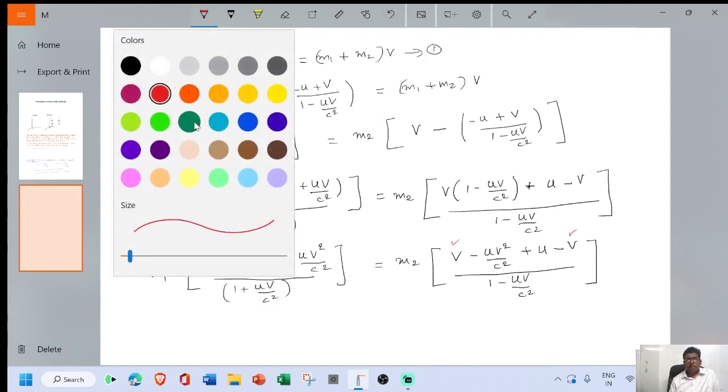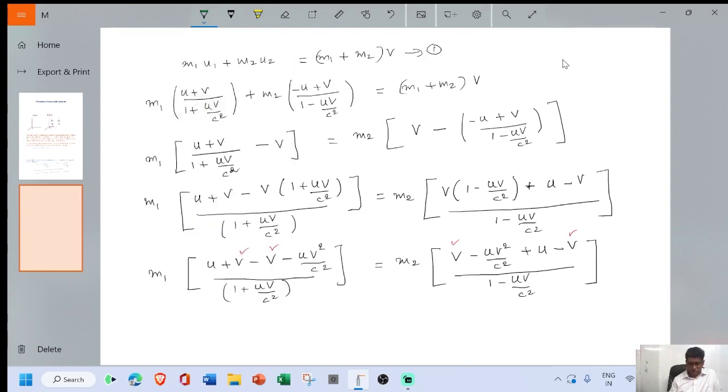Now we may modify this. m1 into u minus uv square by c square whole divided by 1 plus uv by c square, which is equal to m2 into u minus, write down this term first, uv square by c square whole divided by 1 minus uv by c square.